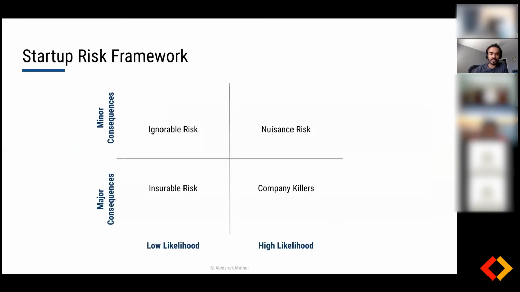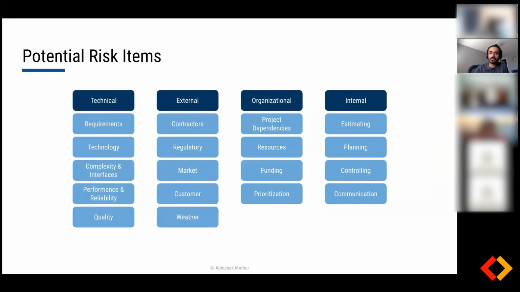And if I go back a few slides, a lot of the external items like regulatory, market, customer-based, a lot of those inputs, if they exist as risks, that input will be provided by the product manager, if that is the setup of the organization. A lot of the internal items like project dependencies, funding, resources, estimation, all of that would likely be established by the project manager. And then the external components would be the product manager. Okay, thank you. Yep.